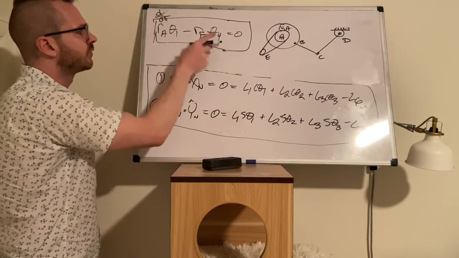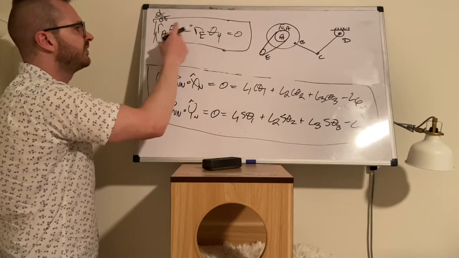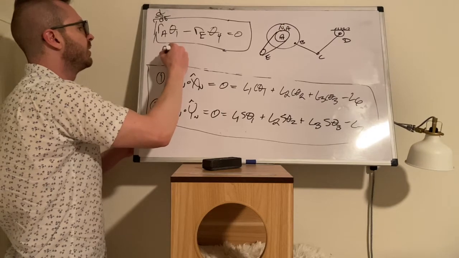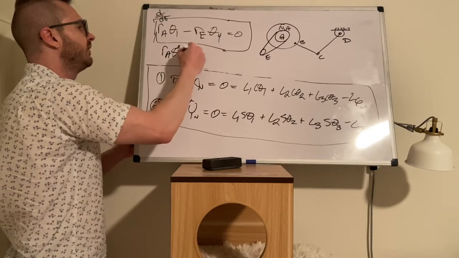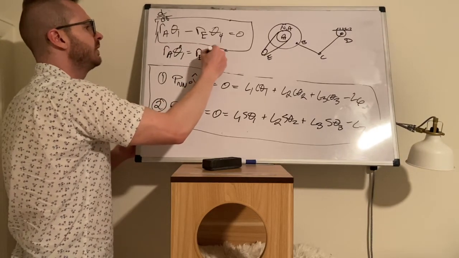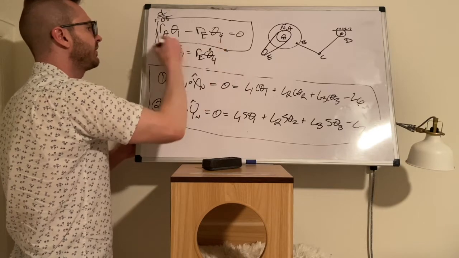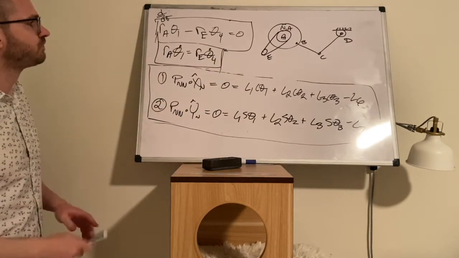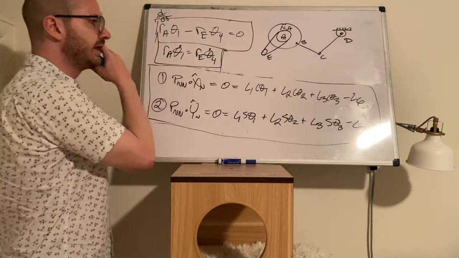Product rule expansion, the radii are constants. These scalars, right, are not constant. So we're going to end up with RA theta 1 dot equals RE theta 4 dot. There you go. There's your velocity level constraint. Doesn't get easier than that.